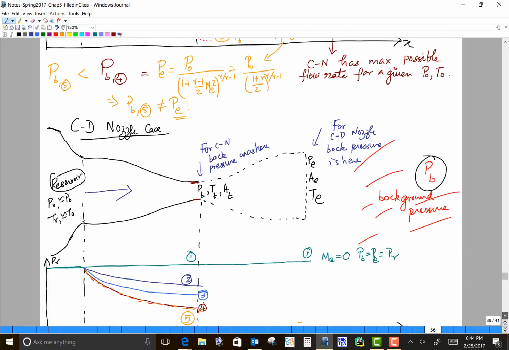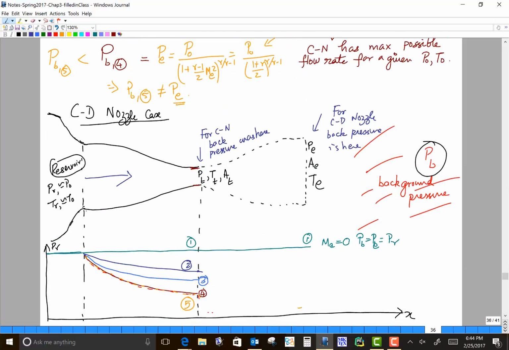So now the throat Mach number is about 0.1 or 0.2, which means in the diverging section it's going to be a subsonic flow, so the flow is going to get compressed and decelerated. The Mach number is going to decrease here.